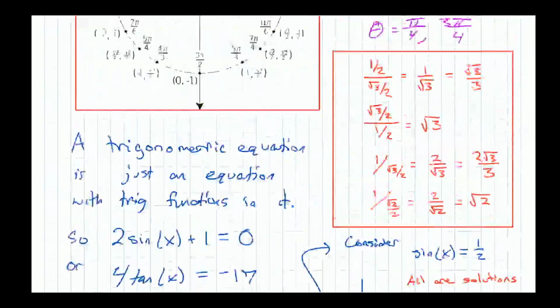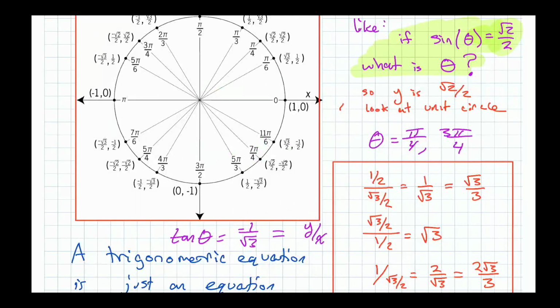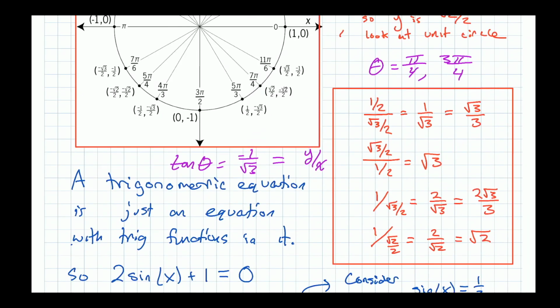Just like before, here y over x must be 1/2 over square root 3 over 2, because we have a 1 over square root 3. The only difference is that we have a negative 1 over square root 3, whereas this is a positive 1 over square root 3.